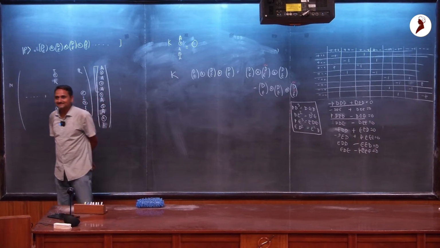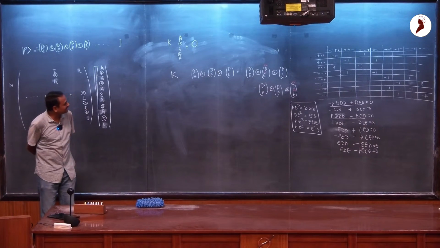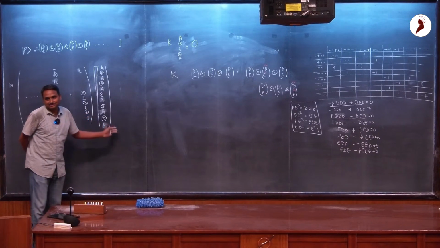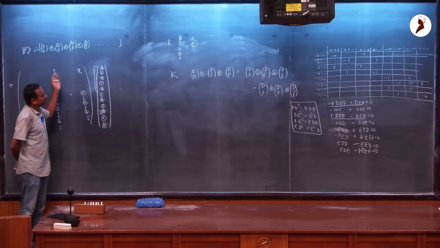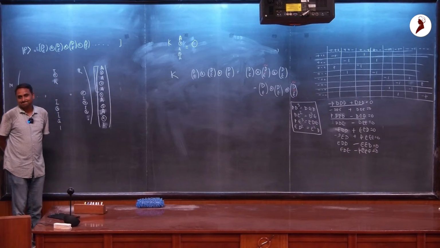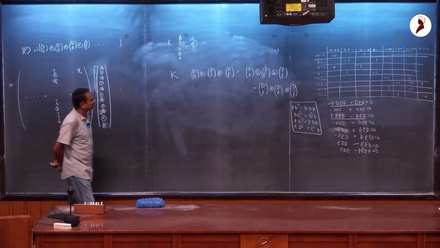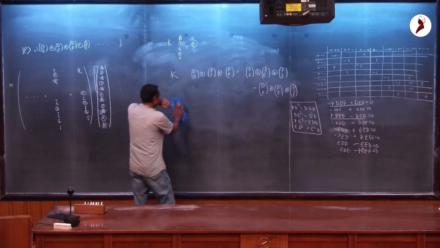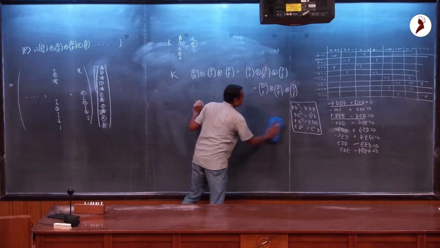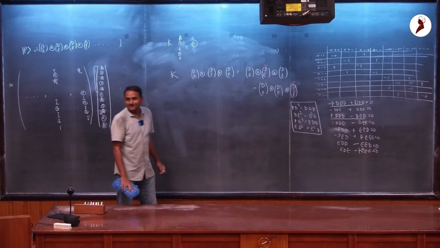No, I'm putting this. This is my demand. I'm saying that if I do this, under the sum, this will be 0. Doesn't matter what K is. Let us see this. Do you see that it is 0?